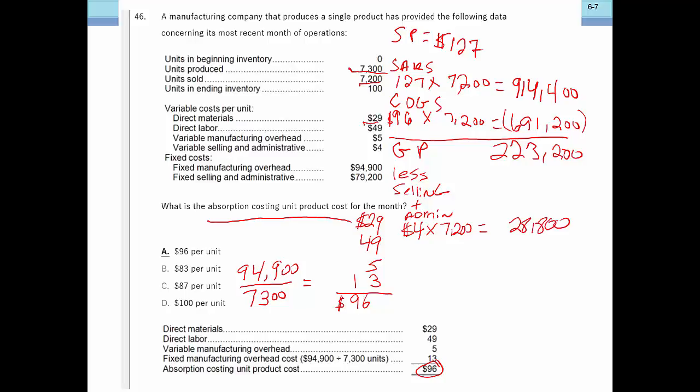Okay, good. And then we've got to do what? Pick up our fixed. And our fixed is how much? 79,200. Okay, so we got the variable. We got the fixed. And the fixed they just give to us in total, which is 79,200.